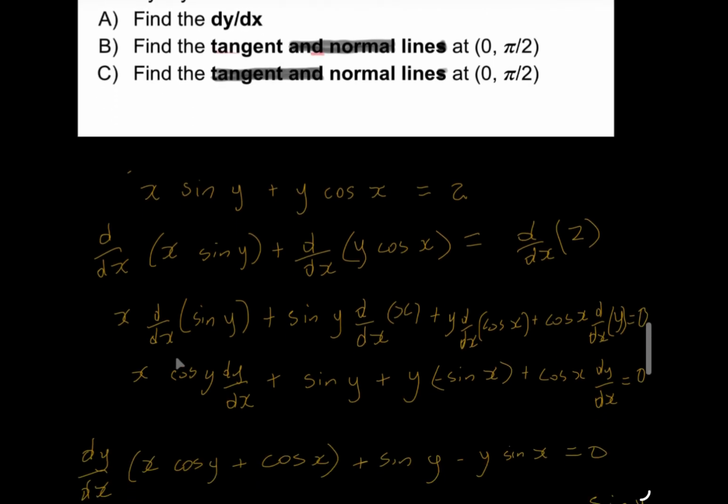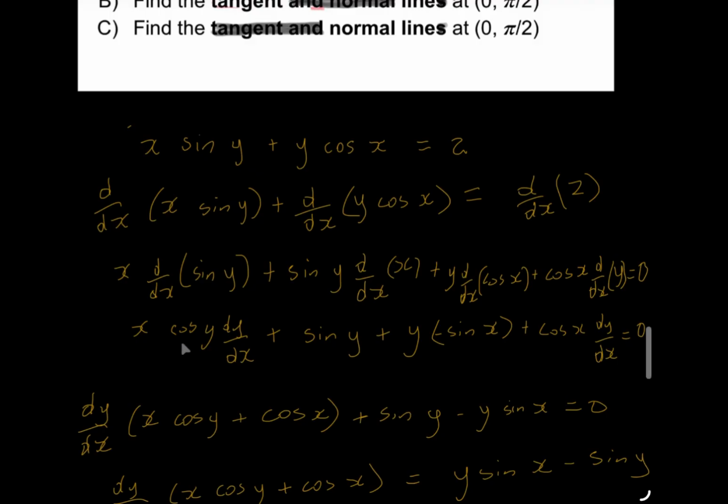Now then, x cos y dy/dx plus sine of y, plus y times negative sine of x plus cos x dy/dx is equal to 0. All right, bringing the dy/dx terms together, factoring out, we have dy/dx times x cos y plus cos x, then plus sine of y minus y sine of x is equal to 0.